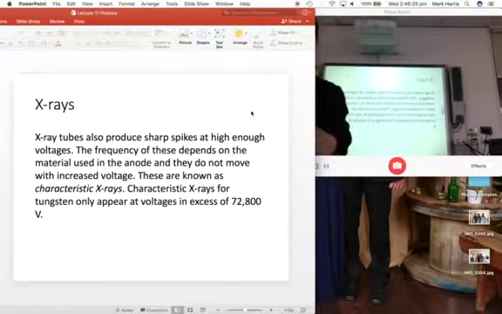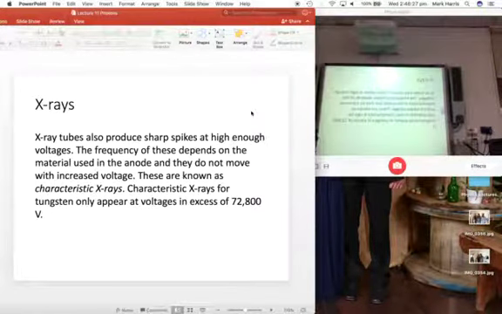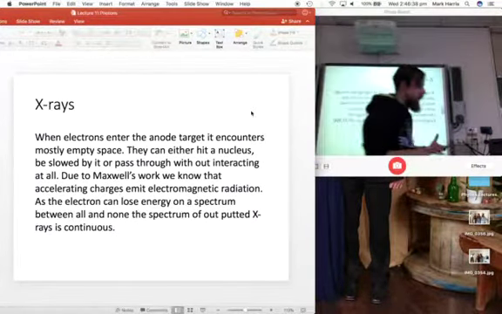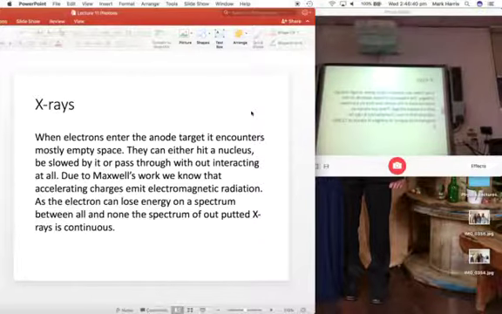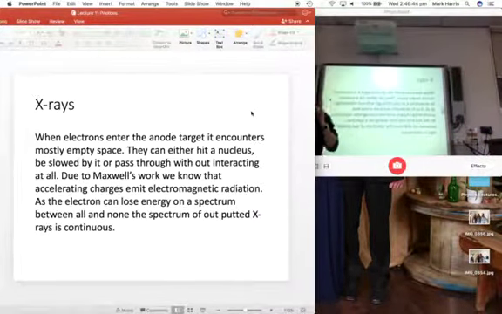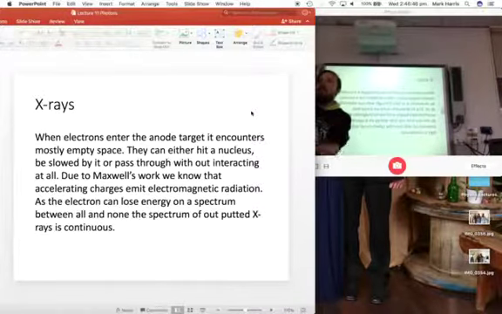And these don't move. So if you increase the frequency or you increase the intensity, they don't change where they are. They're still in the same spot. Hence characteristic X-ray. Probably not, no. They probably never turn those devices up to that level.